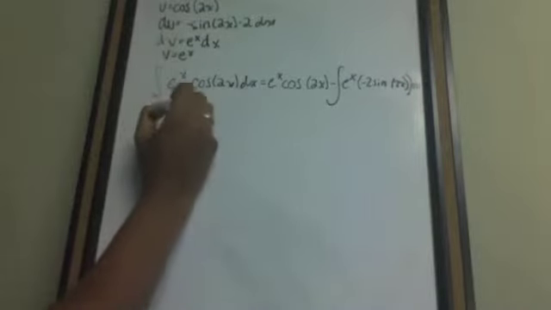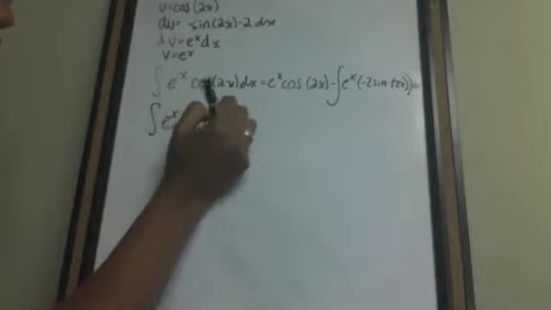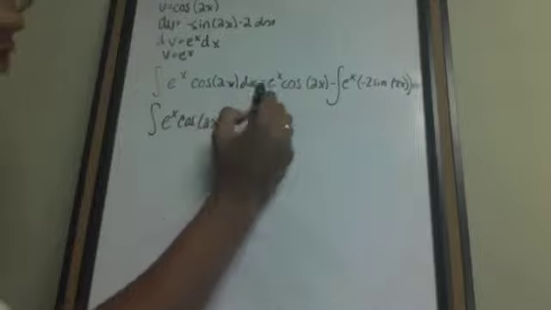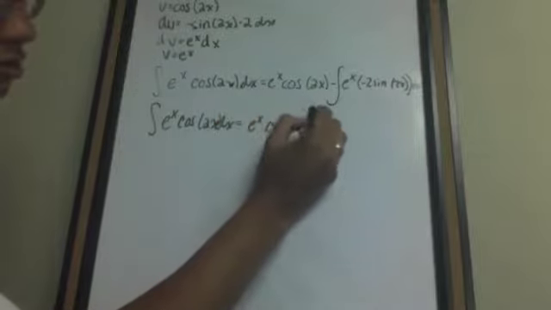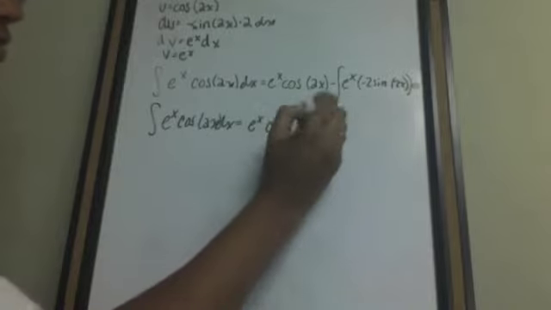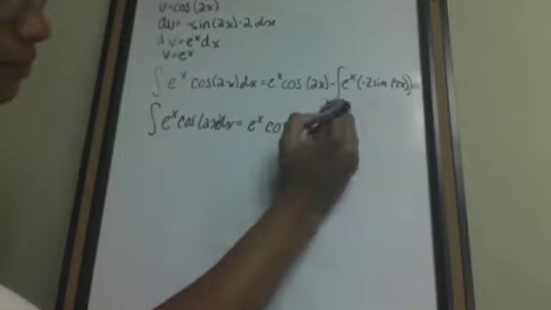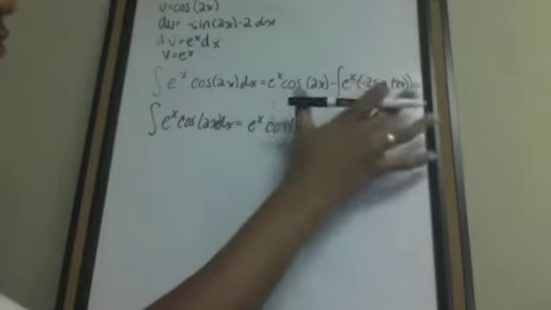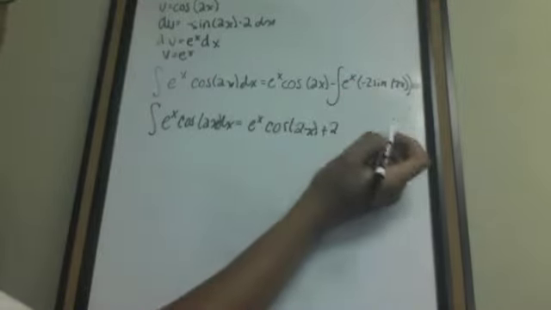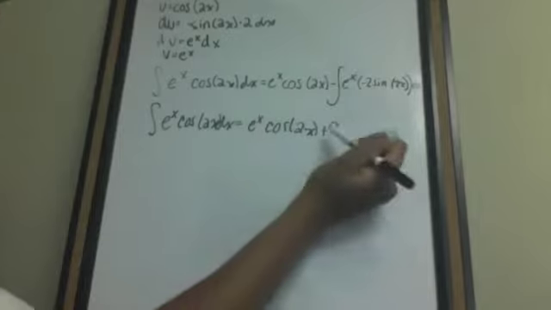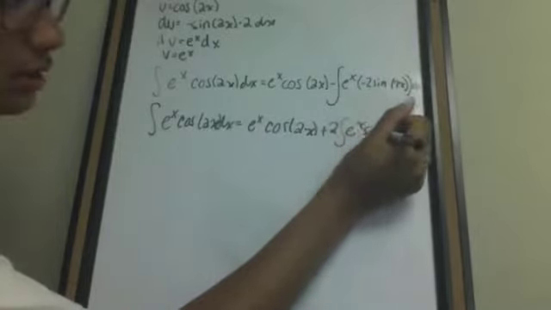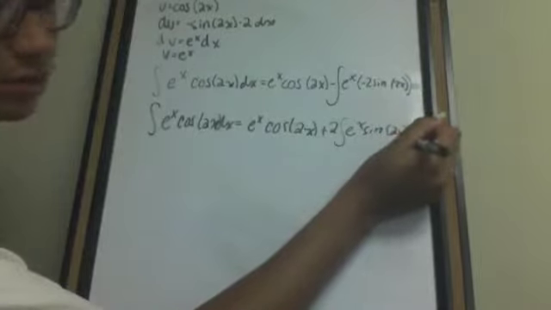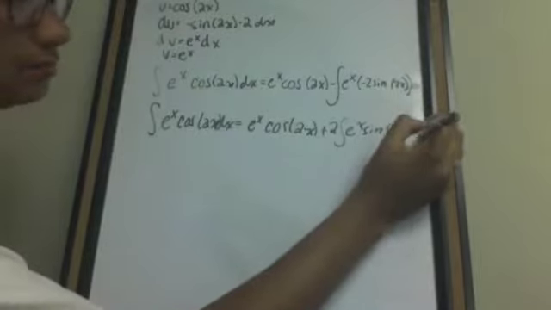And now again we'll come with our next line, which is the integral of e to the x cosine 2x dx equals e to the x cosine 2x plus 2, because we're taking the 2 out from in front of that sine and the negative sign, which makes a plus, the integral of e to the x sine 2x dx.